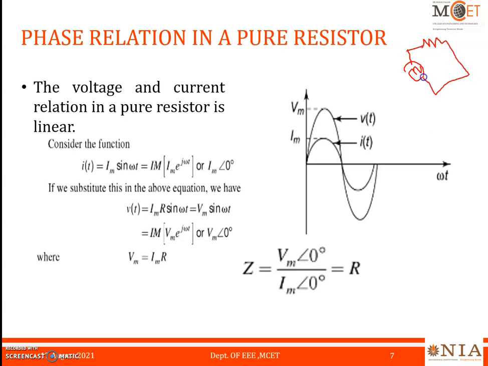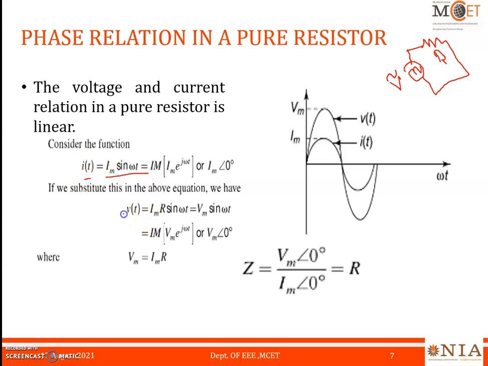So now here it is an AC voltage. This is nothing but resistance R. We are applying a voltage of V. So V is nothing but Vm sin omega t. Now the current is represented as I equals Im sin omega t.